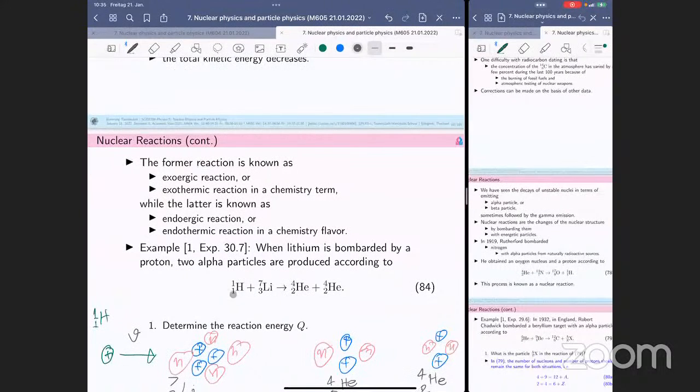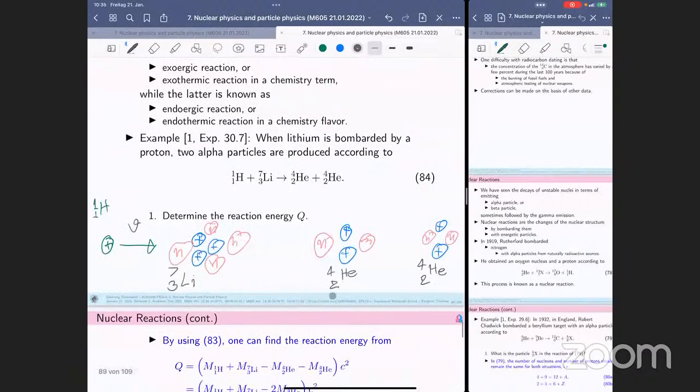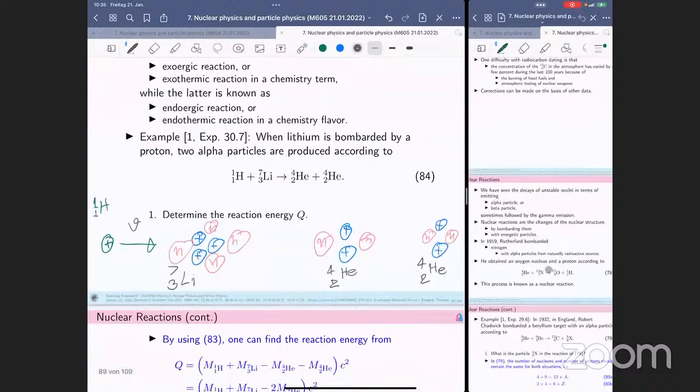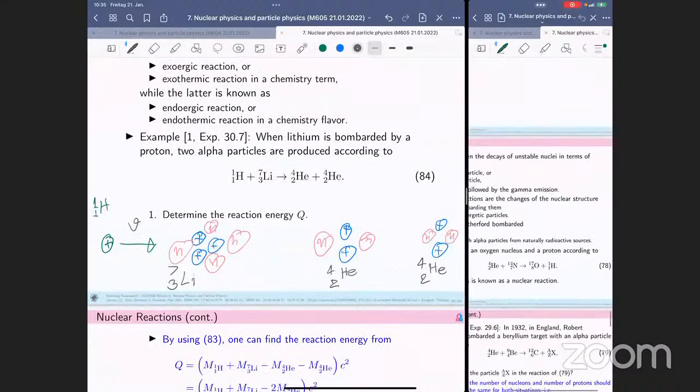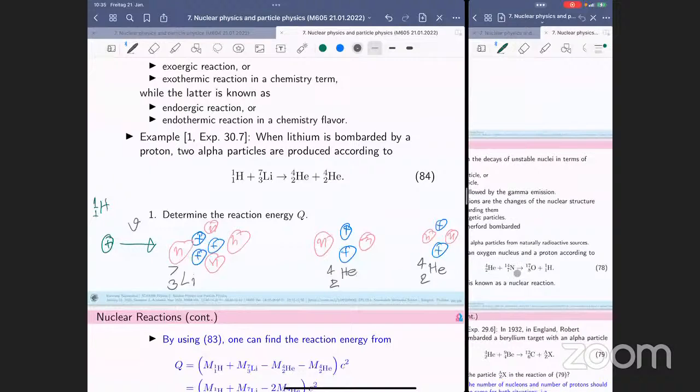They accelerate the proton to hit the lithium nucleus, but for Rutherford, he accelerates the alpha particle to hit, sorry, to hit the nitrogen 14. Okay, nitrogen 14, and the outcome is oxygen 17.